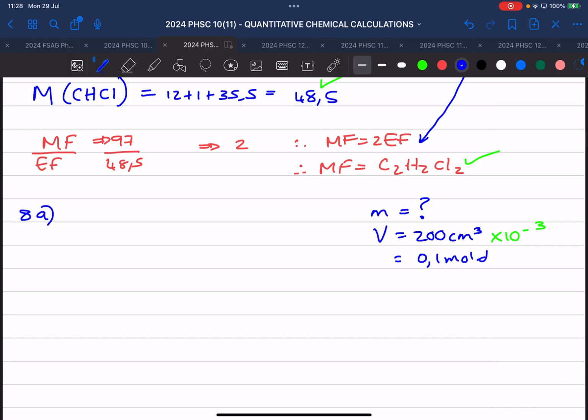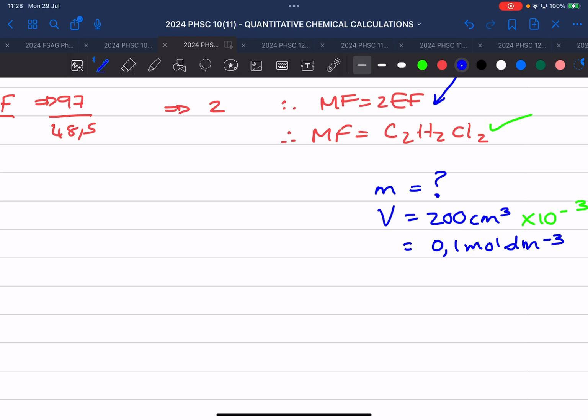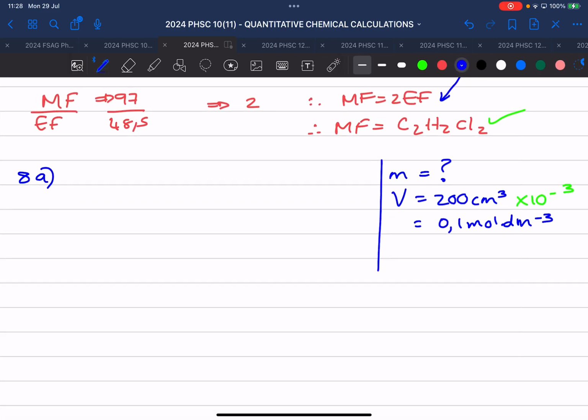What in the world are they giving us there? What is measured in moles per decimeters cubed? Then which formula did you use? Read it for me.